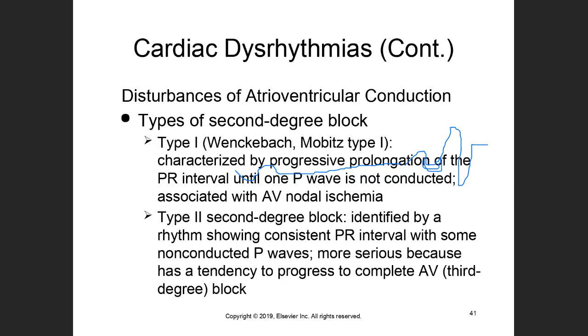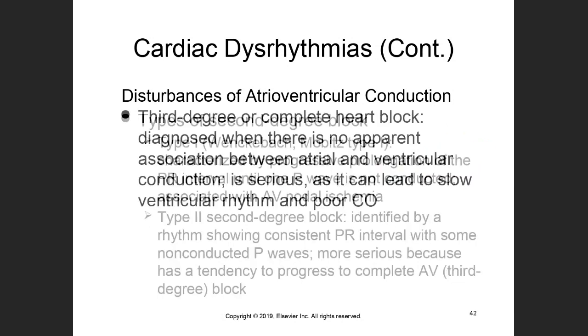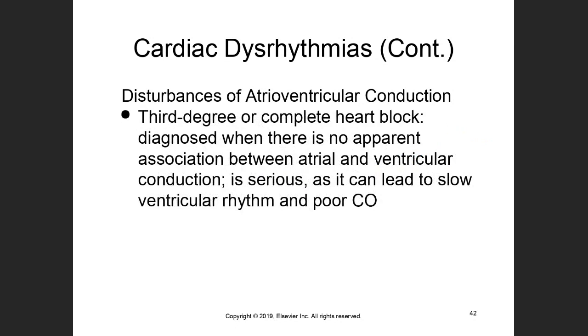The PR is prolonged until the QRS is dropped again. That's type 2. And in type 3, there is no association between the P wave and the QRS. So the ventricle is beating by itself, and the atrium is beating by itself.